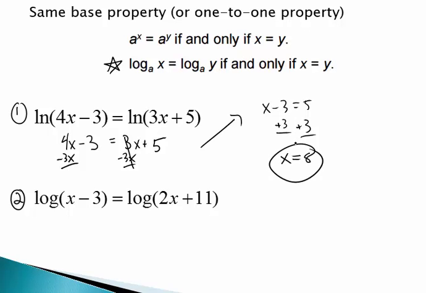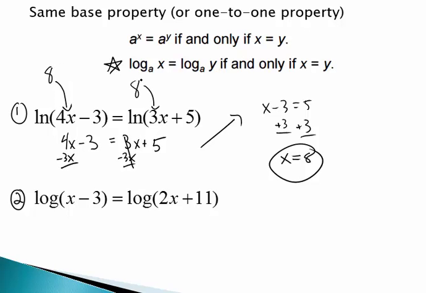Now, I mentioned checking your solutions like we can always do in algebra, but for this case, we really want to be careful about that because we have a domain issue with the log function. I can only take the log of a positive value, right? So I cannot take the log of a negative. I cannot take the log of 0. So I always want to check that. I should do the complete check to make sure the 8 is correct.